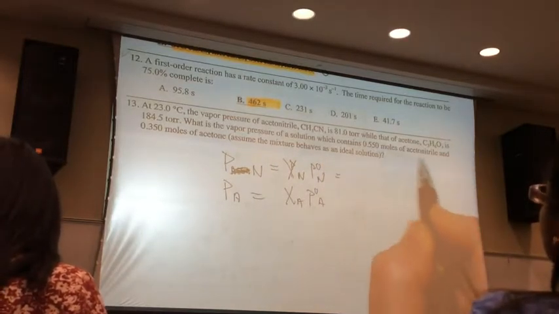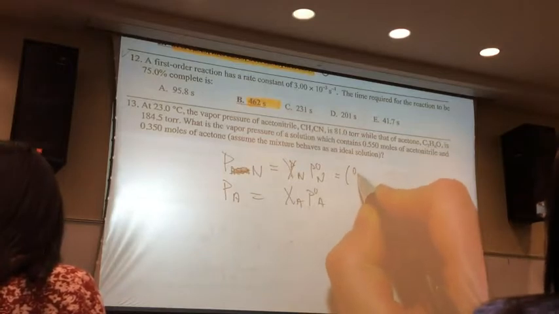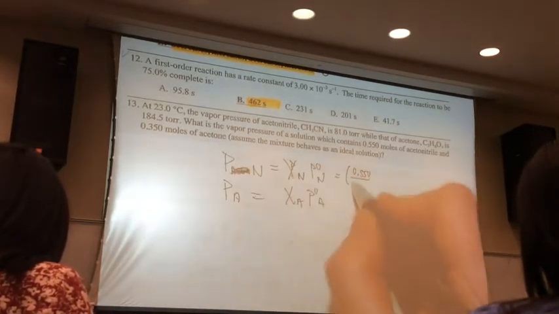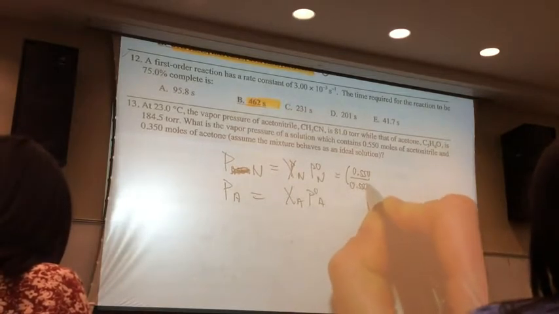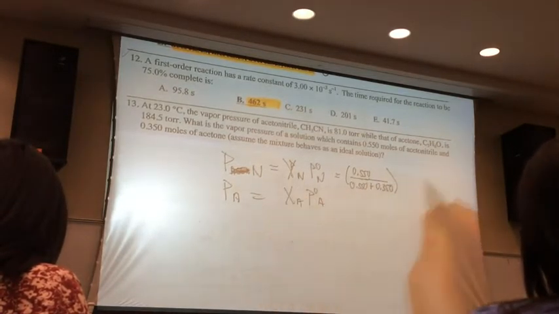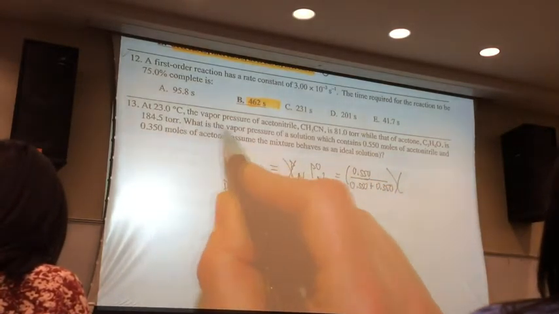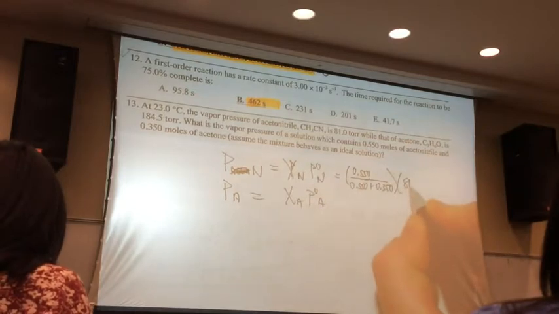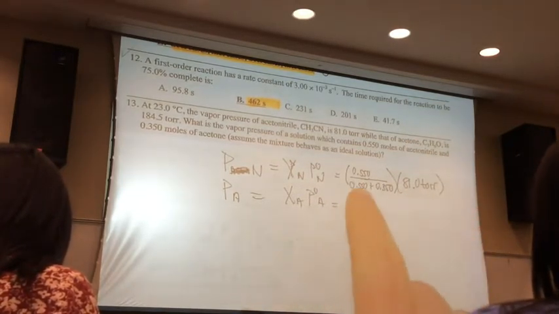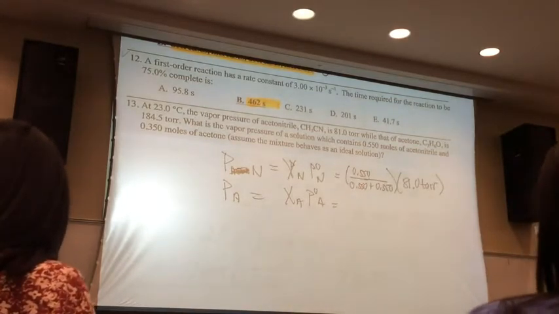The solution contains 0.55 moles of acetonitrile, so it's going to be 0.550 moles of acetonitrile divided by 0.55 plus 0.35. That's the mole fraction, and the P0 for acetonitrile is 81.4. Let's get that number, and then we'll know what the mole fraction is for the other one.